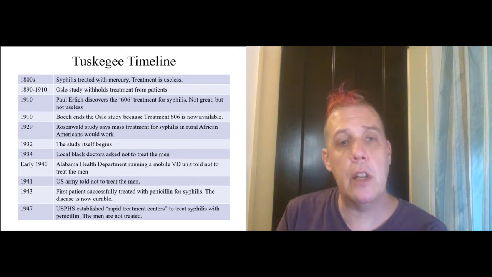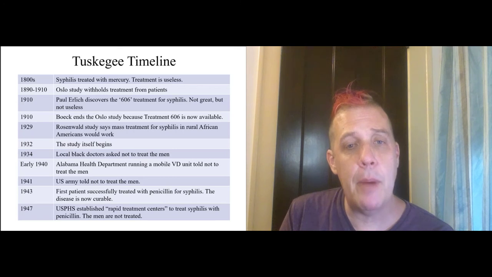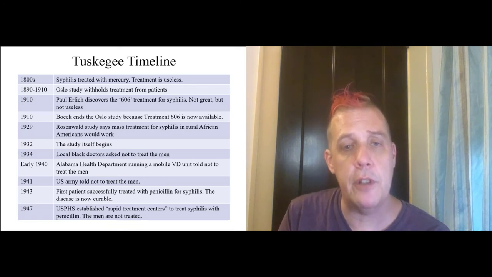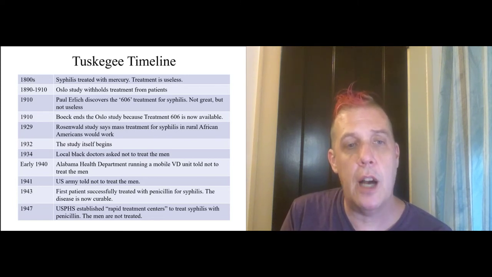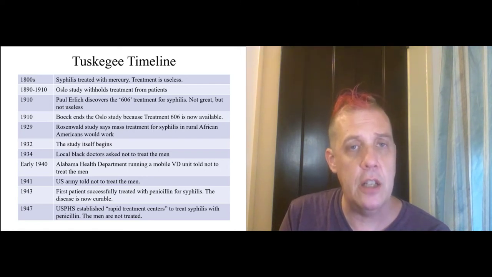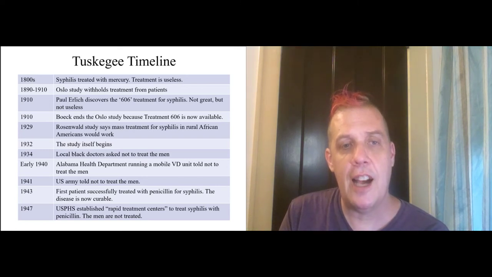So by early 1940, the Alabama Health Department is operating a mobile venereal disease unit, and they are actually instructed not to treat the men in the Tuskegee study, even though they could help, because the doctors who are doing the study want to see how the disease progresses.